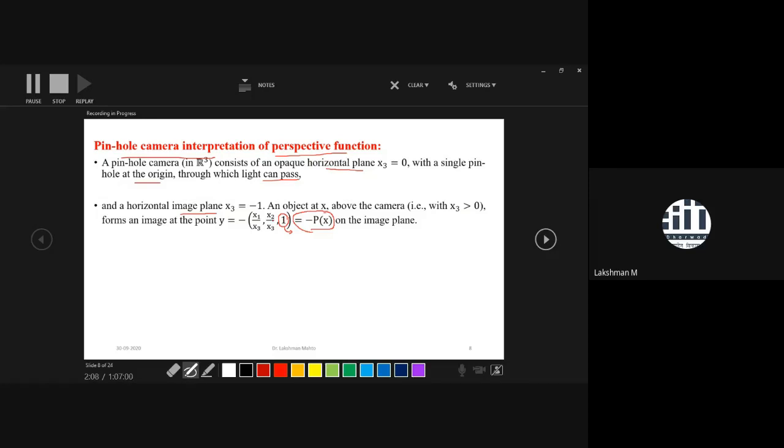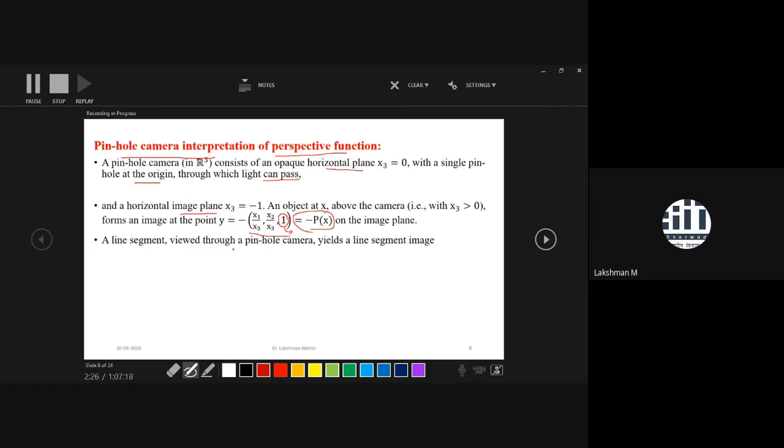If you fix the third coordinate, you are just having a planar walk. That means x3 is fixed now, so you are moving along the x1 x2 direction, along the image plane. So this is one example of a perspective map.